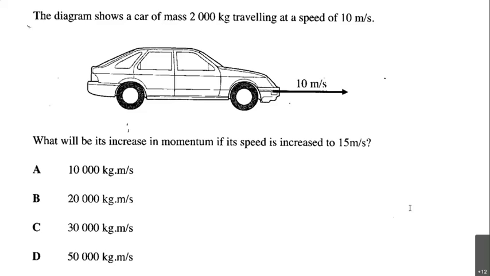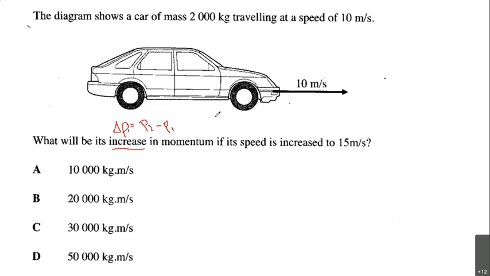Okay. So that little word, increase, tells you you're finding the change in momentum. So you should find the initial momentum and the final momentum, and then find the difference between them. Change in momentum, momentum 2 minus momentum 1.